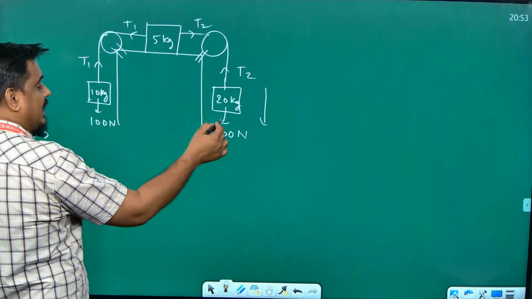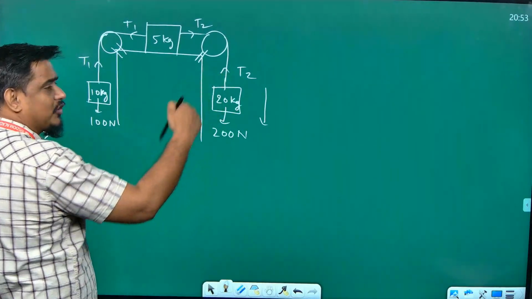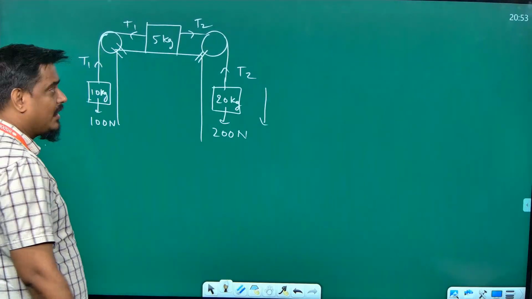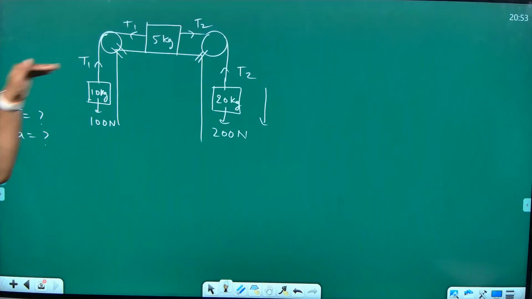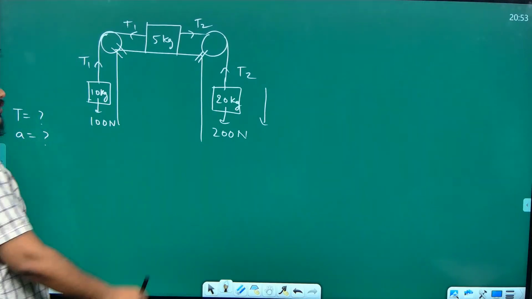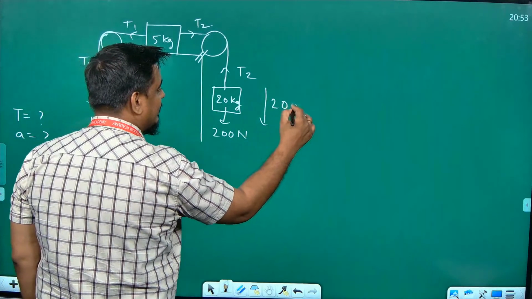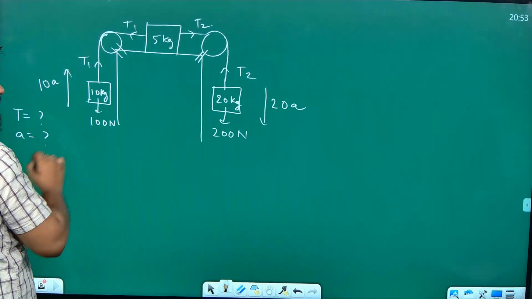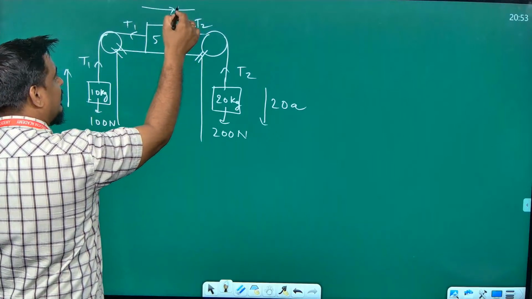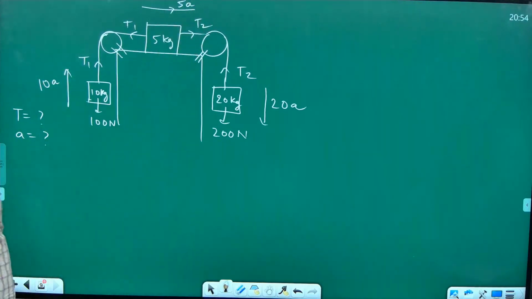If it is 200, this tension will also be 200. This side 200, this side 100, which is more? That is only more, isn't it? So this net force will be 20A. Here the body will move upwards, that force will be 10A. And the body moving this side, the force will be 5A. So I have three unknowns here, A, T1, T2. So I'll have three equations here.